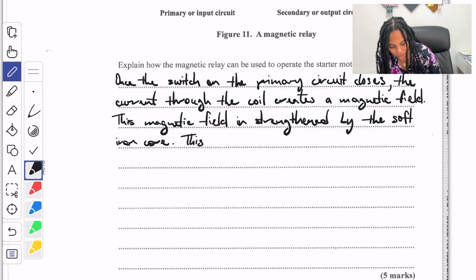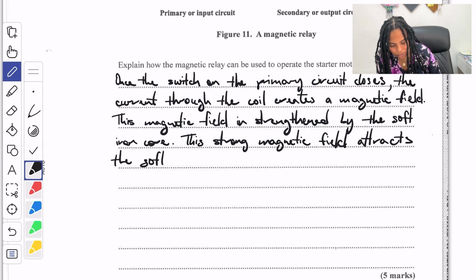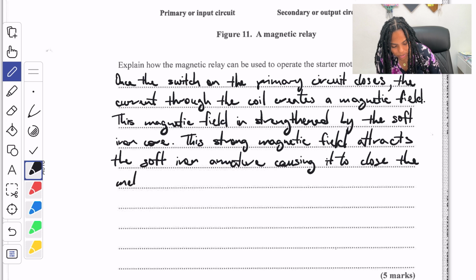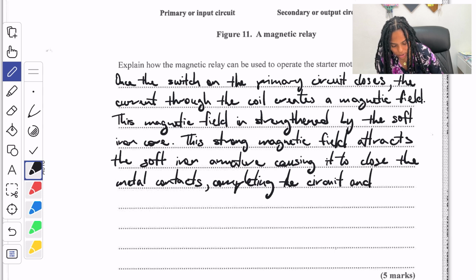This strong magnetic field attracts the soft iron armature, causing it to close the metal contact, completing the circuit and allowing the starter motor to start running.